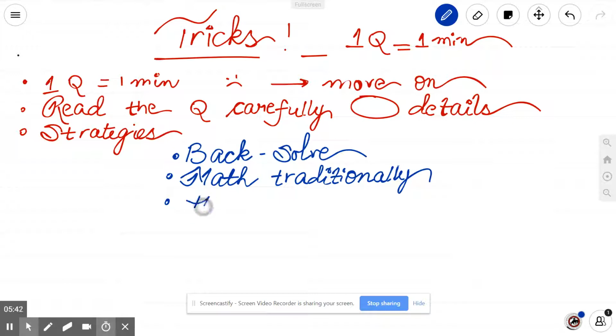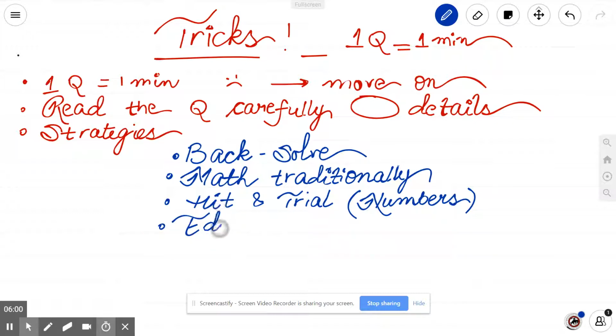Next up, hit and trial. Sometimes putting numbers in place of the x also helps. If you can put some numbers in place of x and see if it holds true for the question, that also works sometimes. Next up, you can also take an educated guess at the answer.